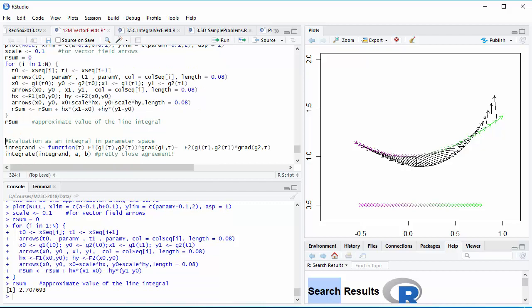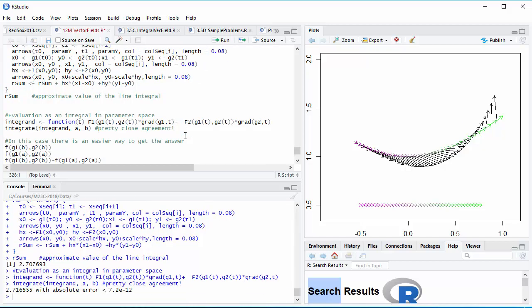And when I add that up, I get an approximation to the integral of the field along the path. But that's a silly way to do it. What I should do is just evaluate an integral in parameter space exactly as before. And 2.71, I get a pretty close agreement with my approximation.